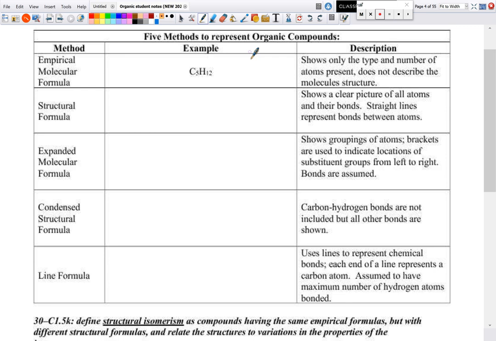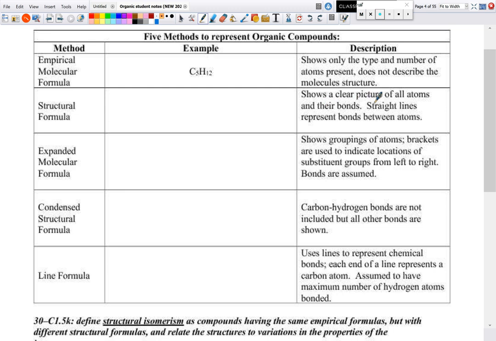That's the empirical molecular formula. It shows the type and number of atoms present, but it does not tell you anything about the molecular structure whatsoever, which can be challenging for organic chemists, because we need to know the difference between certain molecules, because how the atoms arrange is going to affect the shape, their chemistry, and how they react.